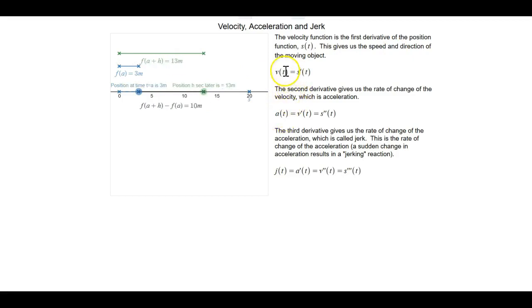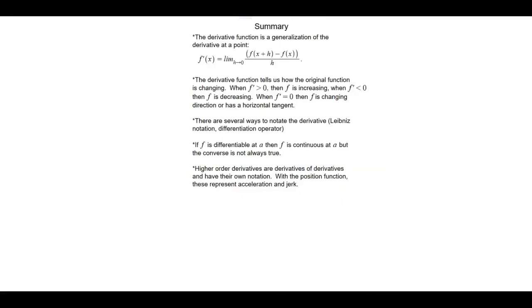And then the derivative of the velocity is acceleration. That's giving us the change in the velocity, which you can relate to when you accelerate in a car. And then the derivative of the acceleration is called jerk. If you think of a sudden change in acceleration in a car, and that jerking motion that occurs, that's the rate of change of the acceleration. And that's the third derivative.